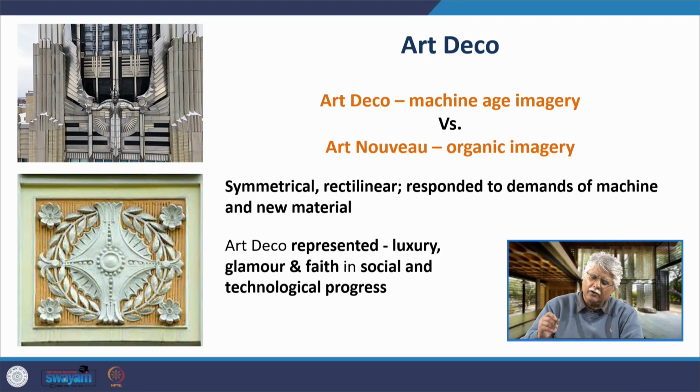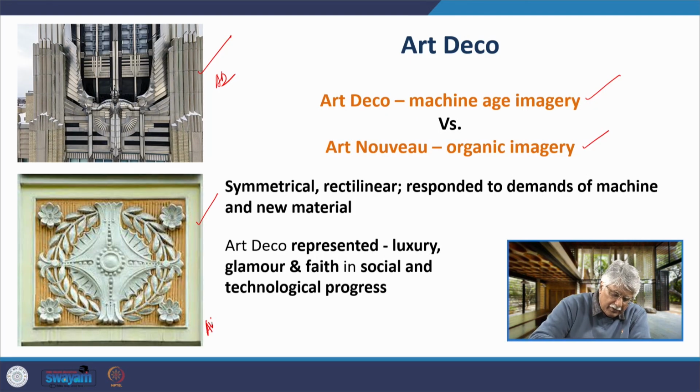So if we try to compare Art Deco and Art Nouveau, Art Nouveau was based on organic imagery. If you remember my previous lectures, I talked about biomorphic and zoomorphic forms, etc. Art Deco, on the other hand, was built around machine age imagery. If you just see the two kinds of ornamentation, this is Art Deco: symmetrical, rectilinear, and responding to the demands of machines and new materials.